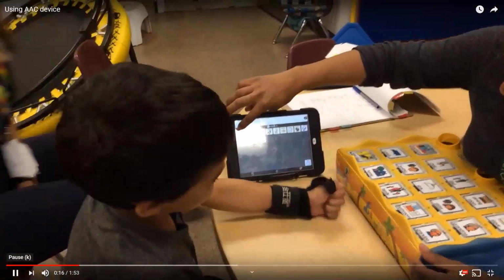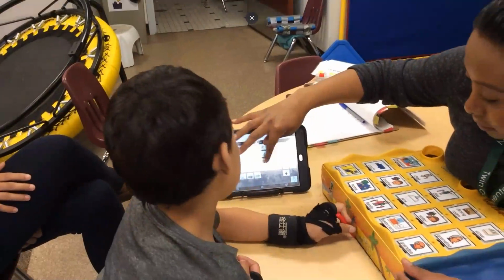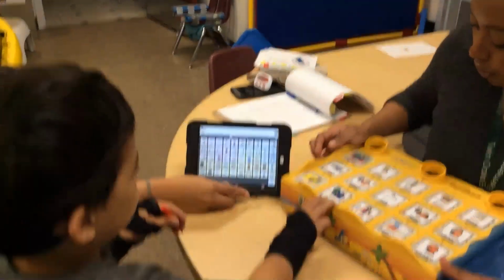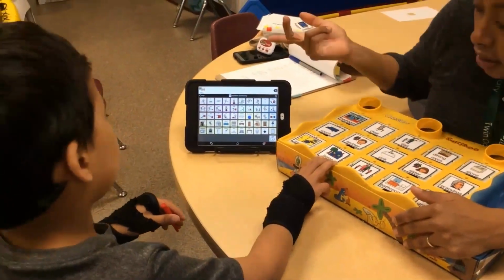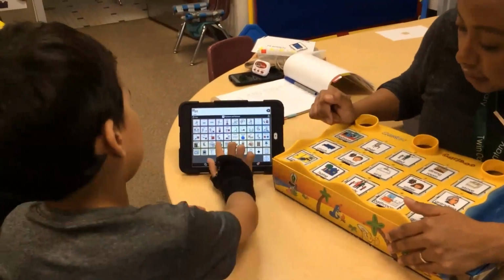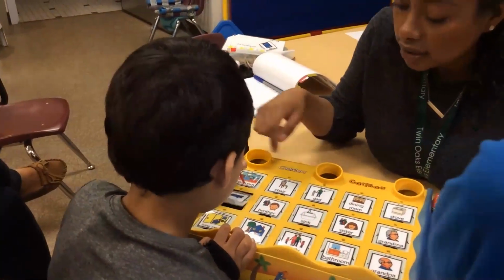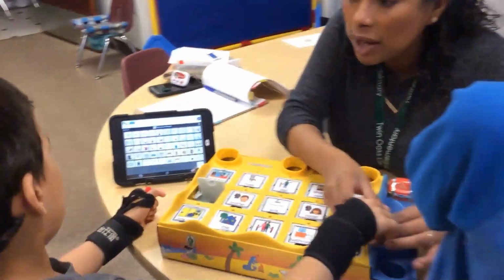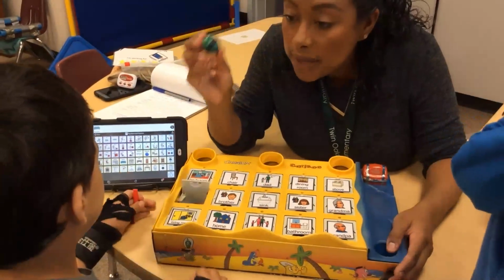Mommy. You see the doggy in the window? Okay. What do you want? We don't have bed. We have couch. Oh, couch. Good job. Look, what did you find? Carlos. Couch.